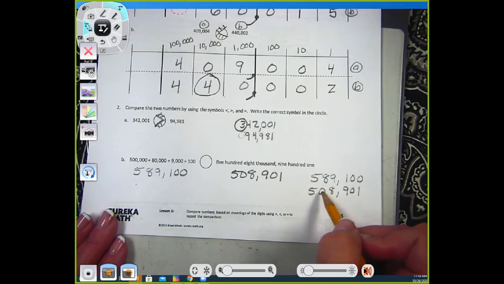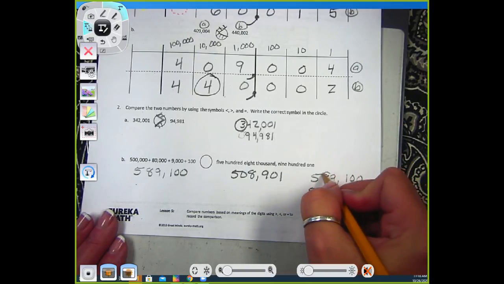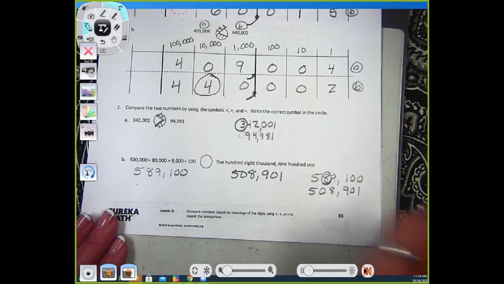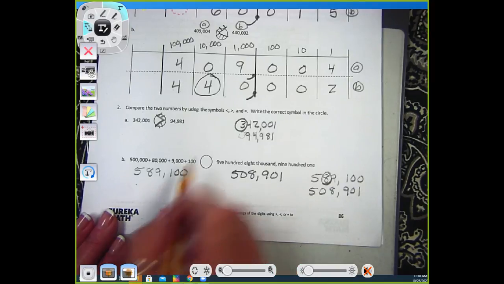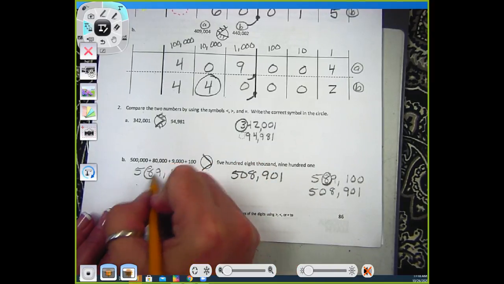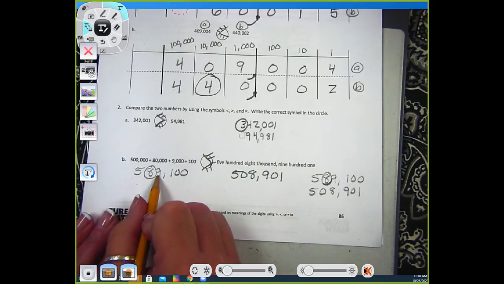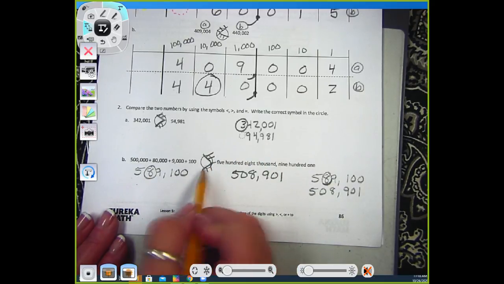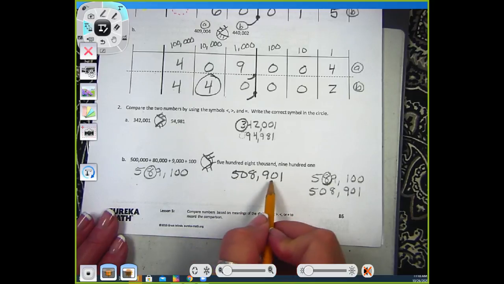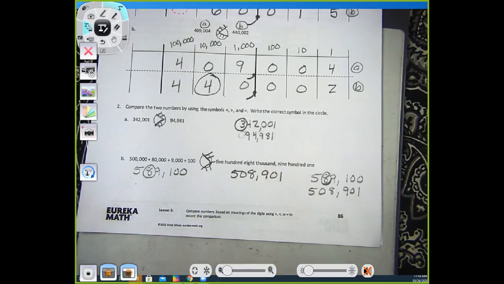The top one has an 8 and the bottom one has a 0. Perfect. So the 8 is bigger. So I want the opening to go towards that 8. 589,100 is greater than 508,901. Great job, guys. Okay, we are going to come back to our packet tomorrow.